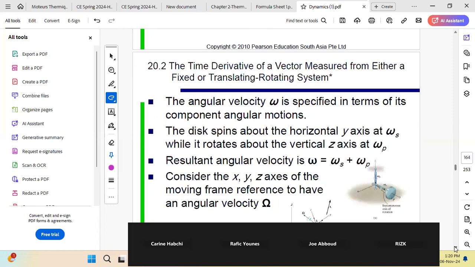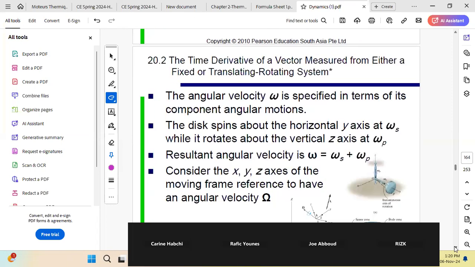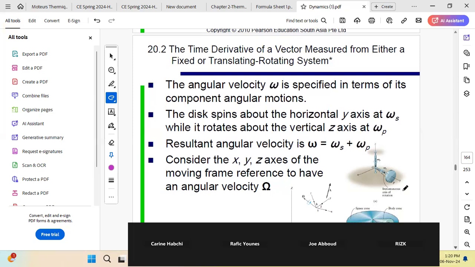Now, as we mentioned, we need to know how to calculate the derivative of a vector in 3D if it's changing in direction and in magnitude. So the angular velocity omega is specified in terms of its component angular motions. Let us take the following example so you understand better what we are talking about. Consider the following figure.